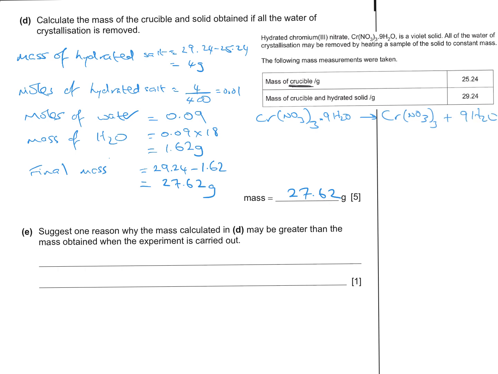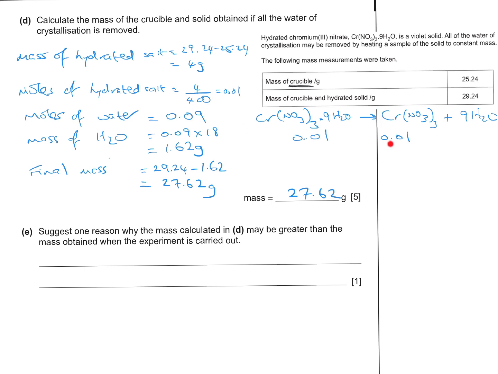Okay, so all this equation is showing is our hydrated salt going into the anhydrous salt plus the water, and the 9H2O is coming from here. This gets driven out. I've just calculated that the moles of the hydrated salt is 0.01. So that means then that the moles of the anhydrous salt will be 0.01 because it's a 1-to-1 ratio.